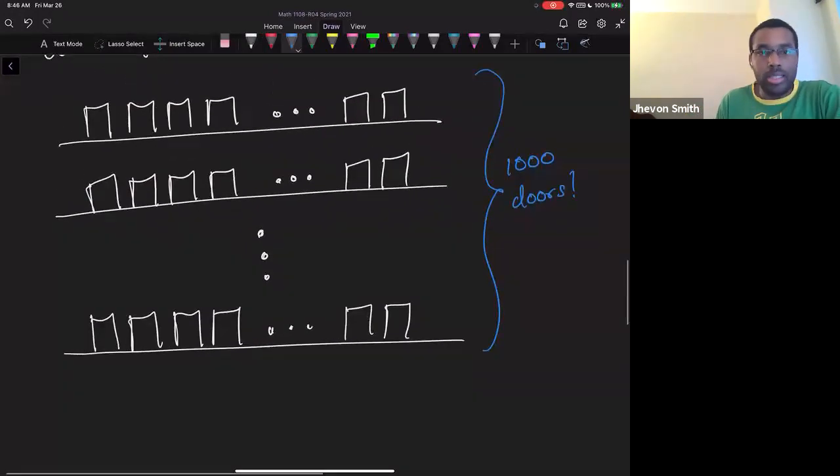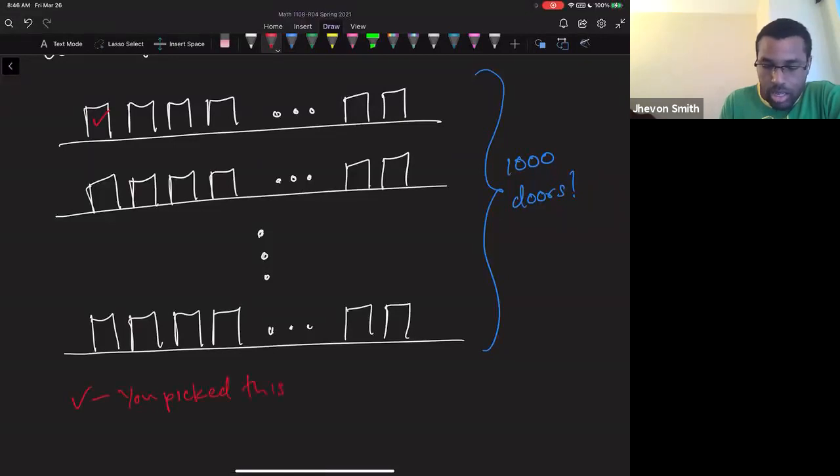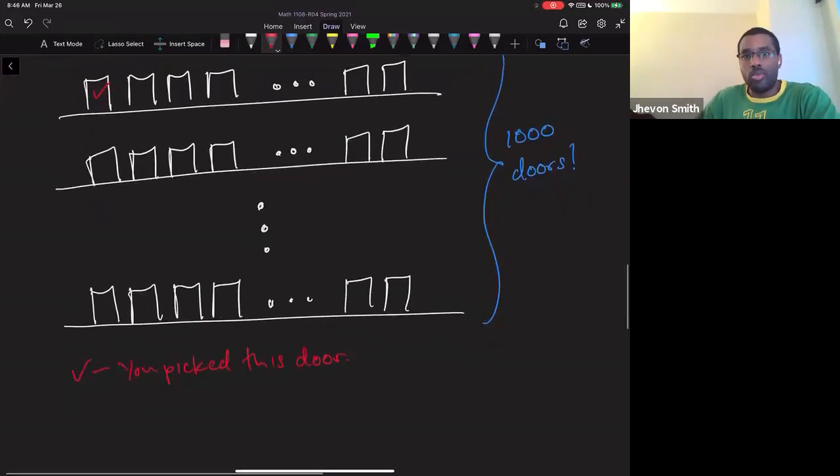So Monty says, here's the door you picked. You pick this. Here's what you really need to recognize, and once you keep that in your mind, you're going to realize why it makes sense to switch right away.